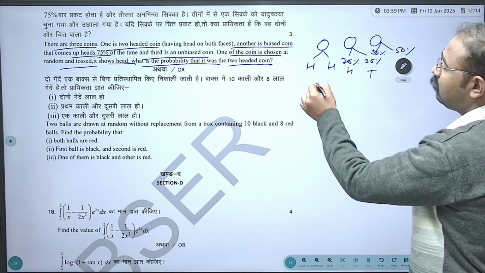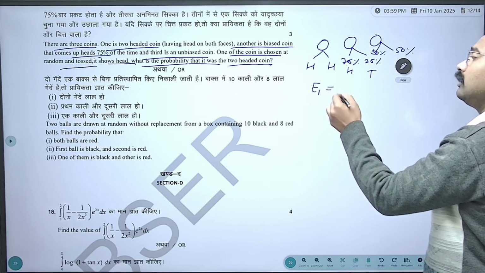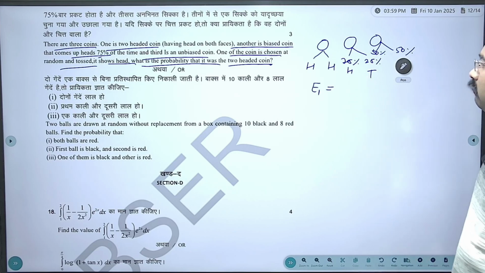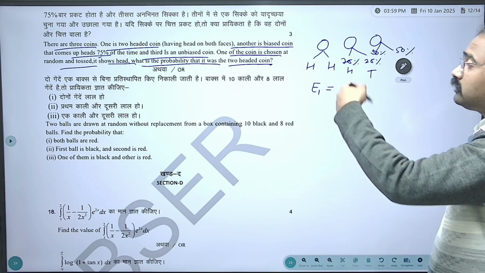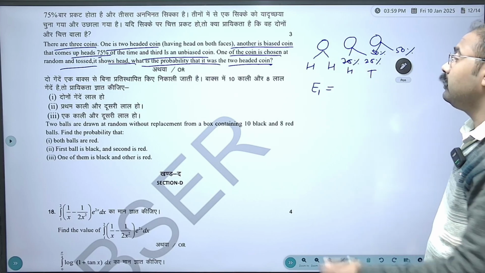Now, there are three coins. We will consider these coins, and choosing of any coin will be an event.